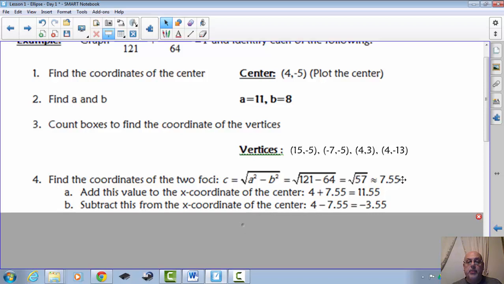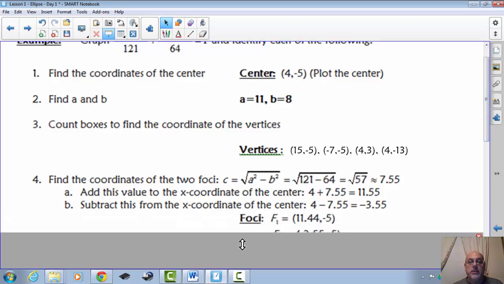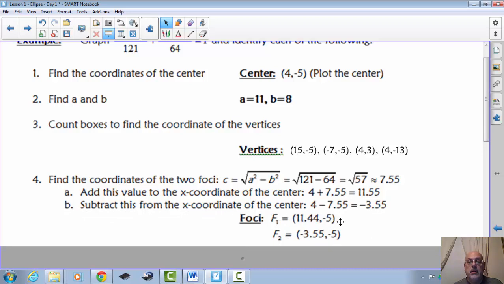So we're going to take the 7.5, add it to the x value of 4, and you get 11.5. And then you subtract it from the x value, again going back to the center, and you get -3.5. So the coordinates of the two focus points are (11.5, -5) and (-3.5, -5). I see there's a typo here, so let me fix it.